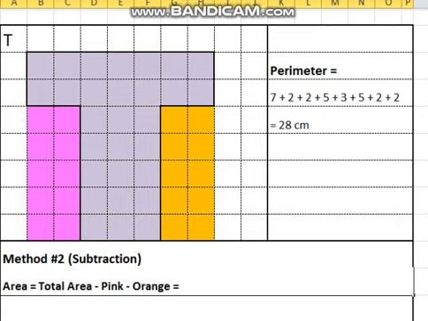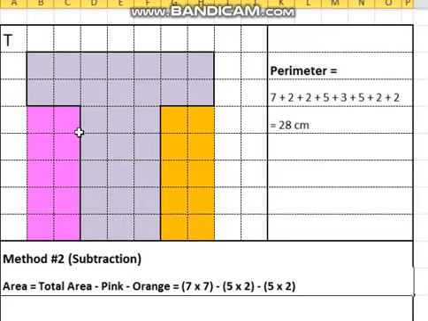The total area here is 7 times 7. So 7 times 7 is the total area, and minus this one, you have 5 times 2 for the pink area, and then minus the area of the orange shape over there, which is just the same, 5 times 2.